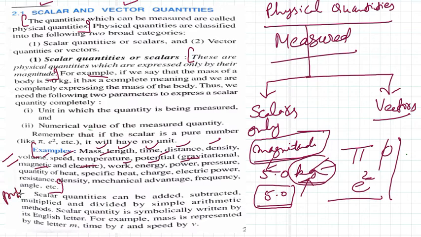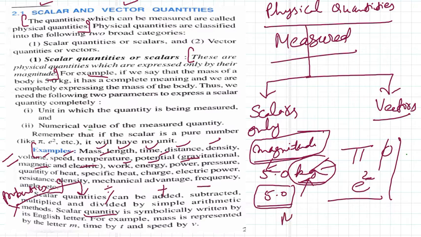These are properties of scalar quantities. Scalar quantities can be added, subtracted, multiplied, divided by simple arithmetic methods. A scalar quantity is symbolically represented by its English letter.